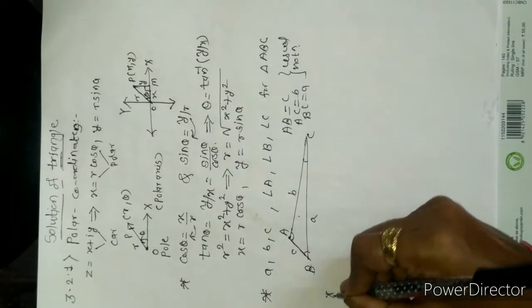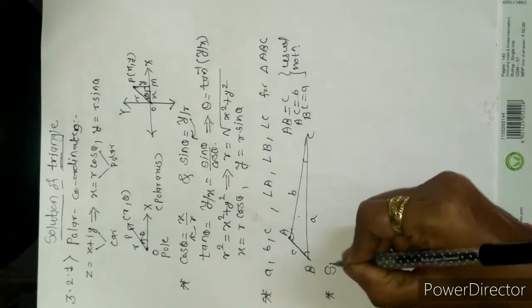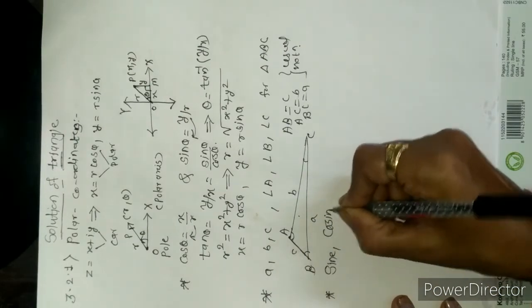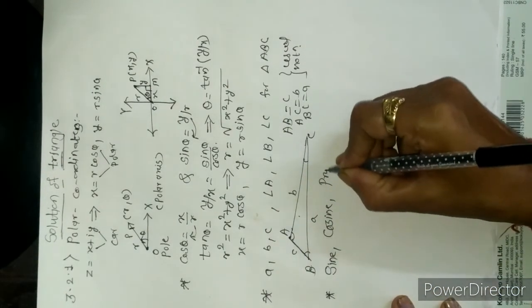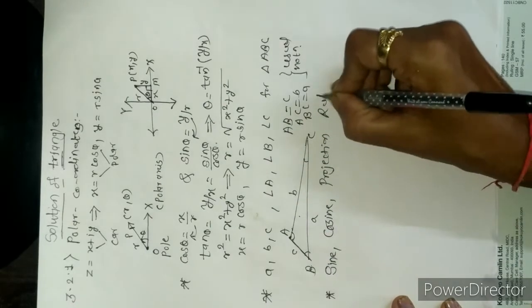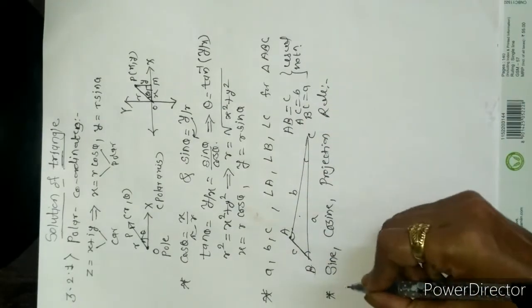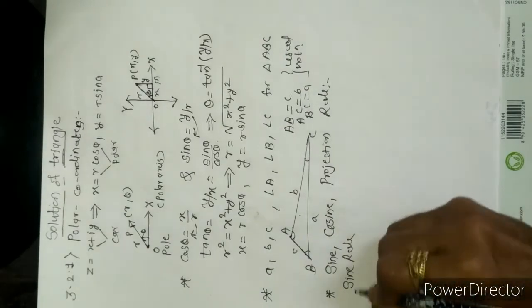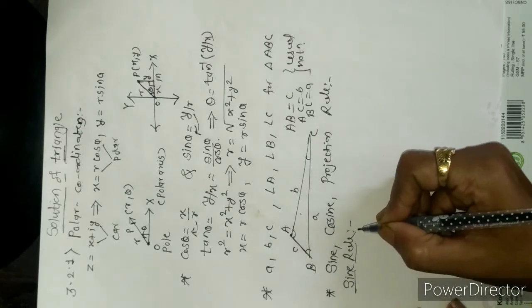With the help of this, we define statements for the sine rule, cosine rule and projection rule for triangle ABC.